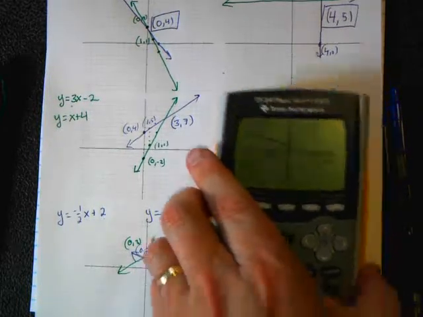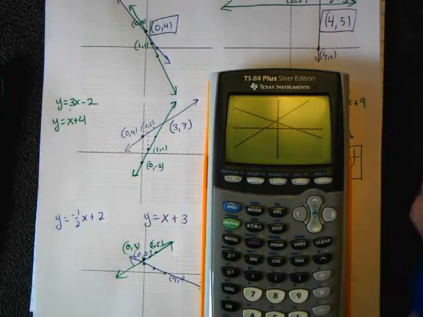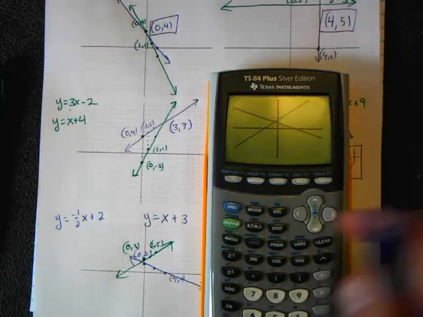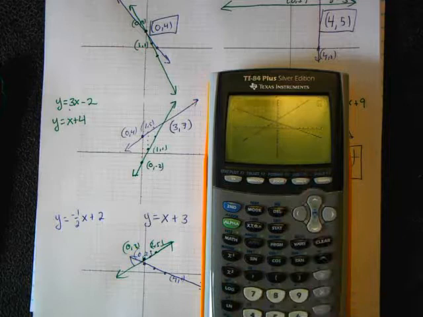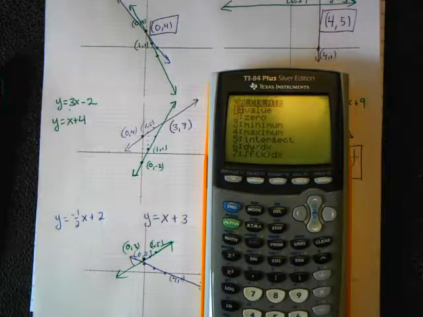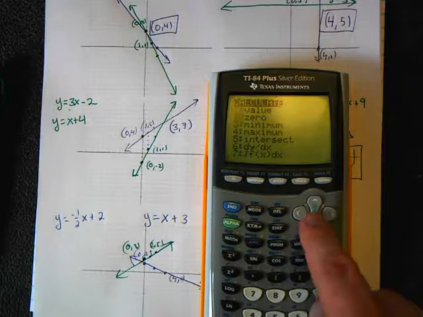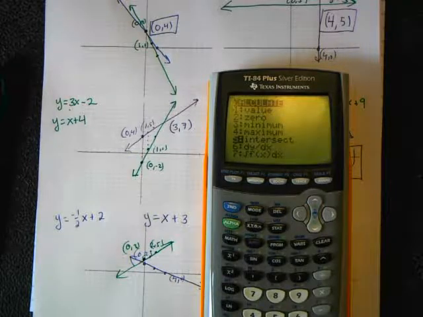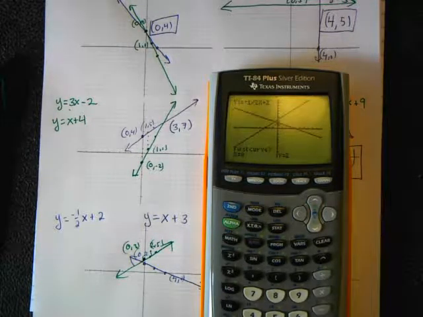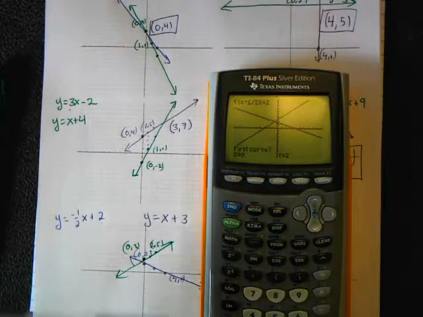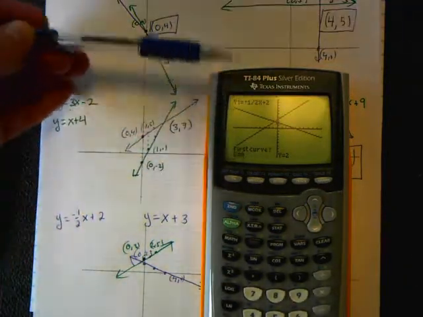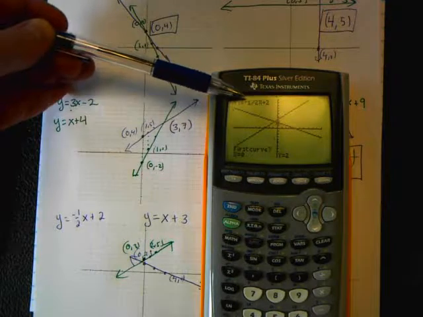All right. Anybody know how to use the calculator to find where those two lines cross? Second trace, which puts you into the calculate menu. You go down to number 5, which is intersect. Intersect is a fancy way of saying where things cross. Put it in. It asks me, is this the first curve? And notice up here it has y equals negative 1/2 x plus 2.